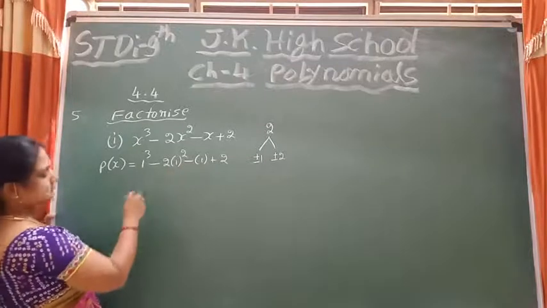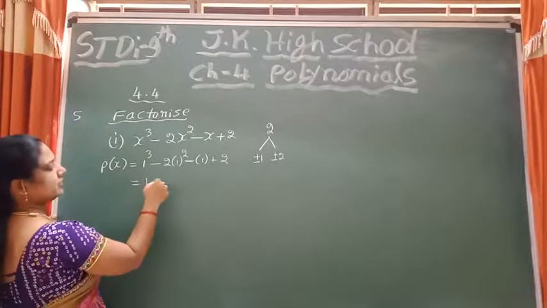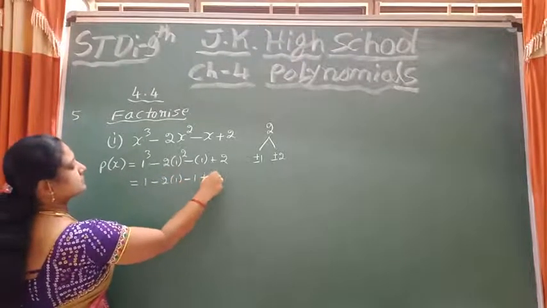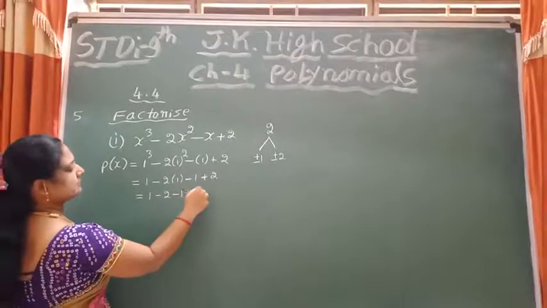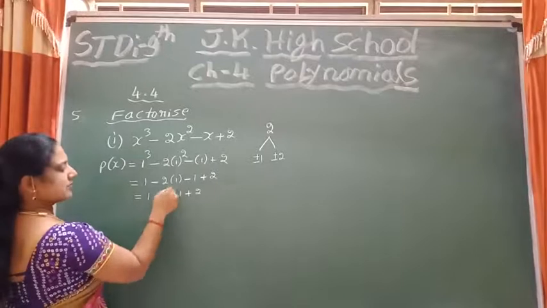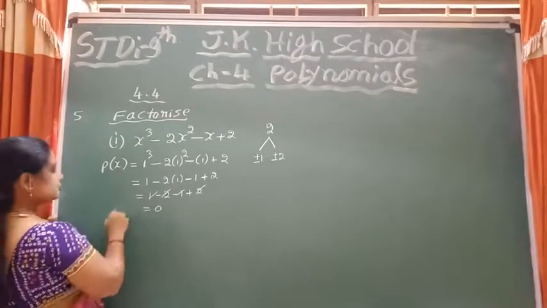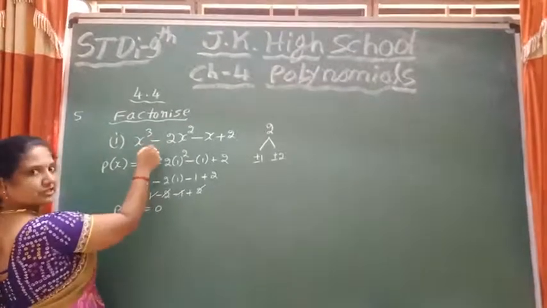Now I substituted plus 1. If I simplify, 1 cube is 1, 2 into 1 square is 2, minus 1 plus 2. So this is 1 minus 2 minus 1 plus 2. Plus 2 and minus 2 cancel, minus 1 and plus 1 cancel, and I got 0. So P of 1 is 0, which means, according to the factor theorem, 1 is a factor of this polynomial.